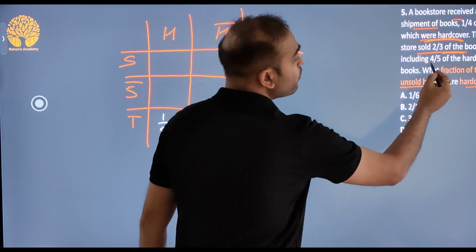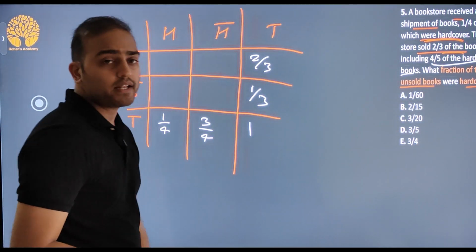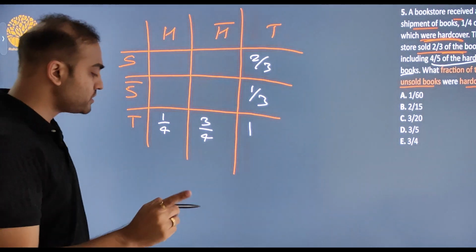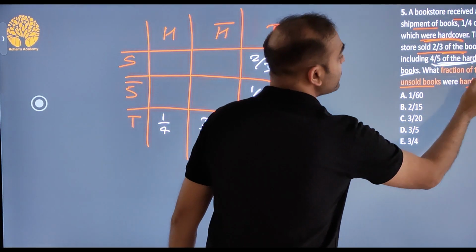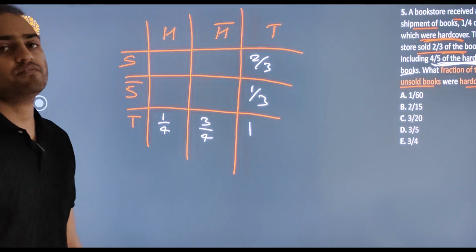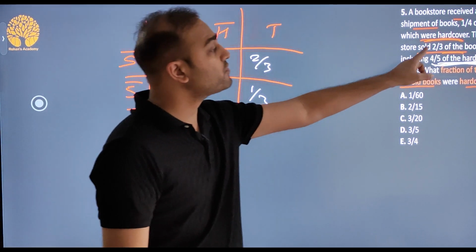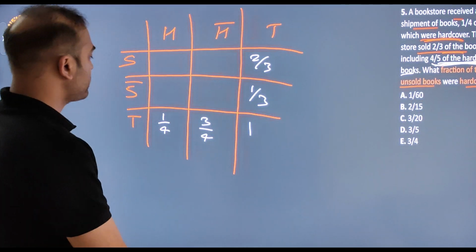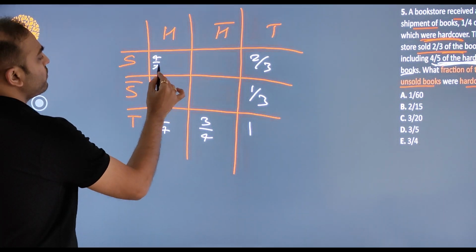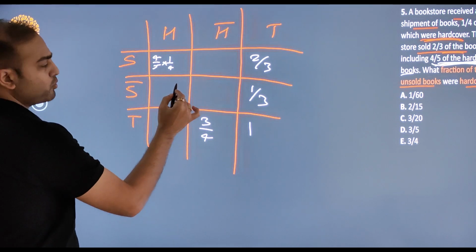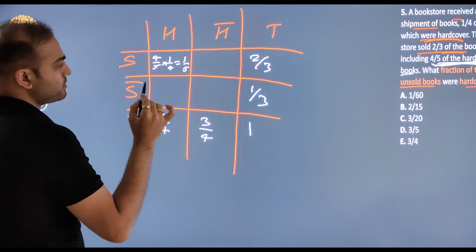Now, including 4/5 of hardcover books. Again, as I said, whenever you are looking at a fraction, focus on a fraction of what. It's not 4/5 of the total, it's 4/5 of hardcover books. So 4/5 of hardcover books, that's 1/5 not sold.